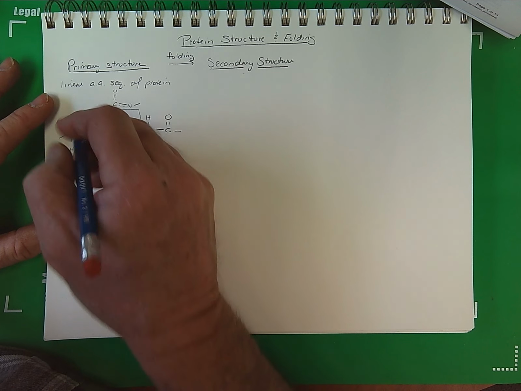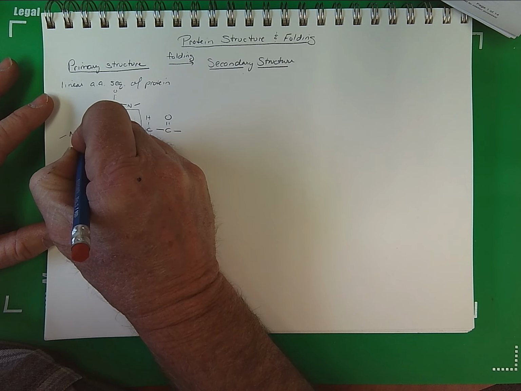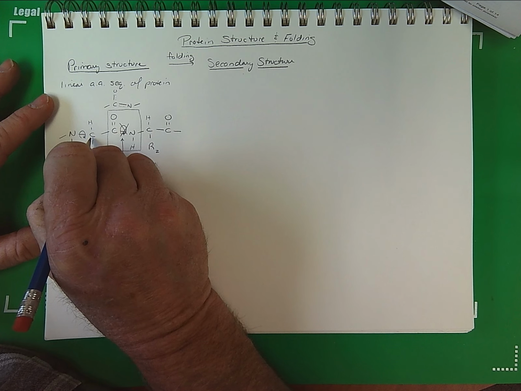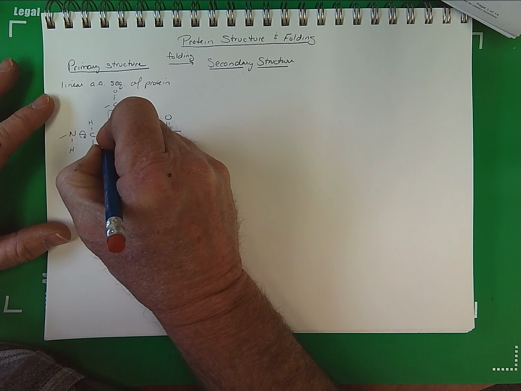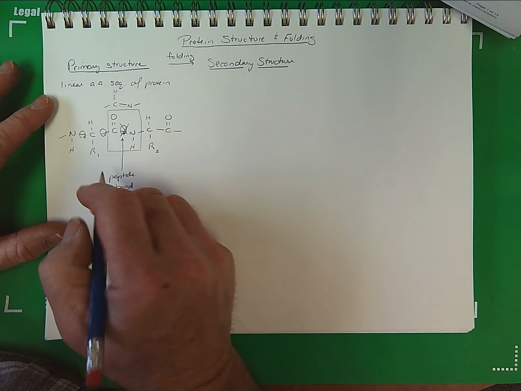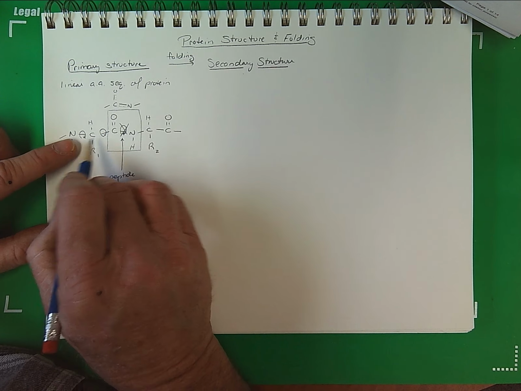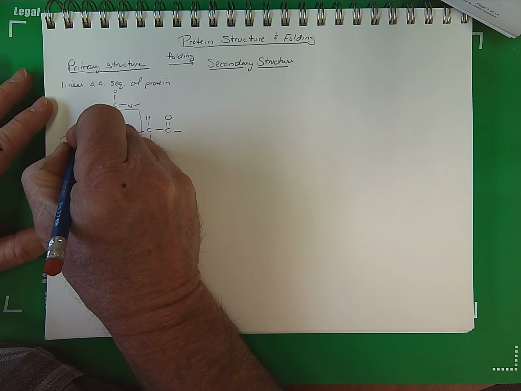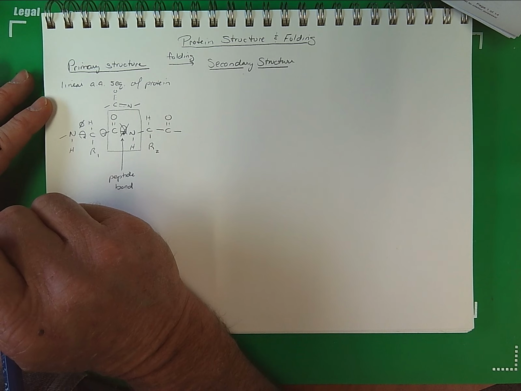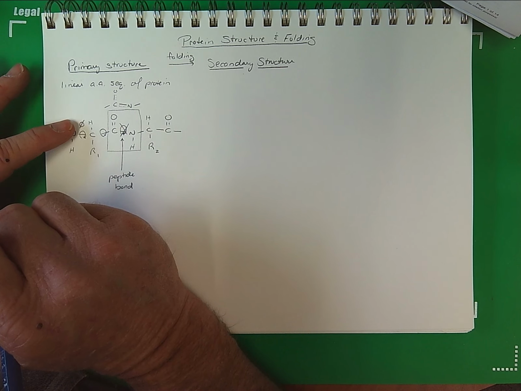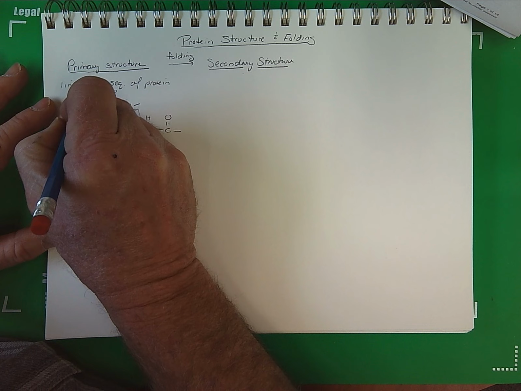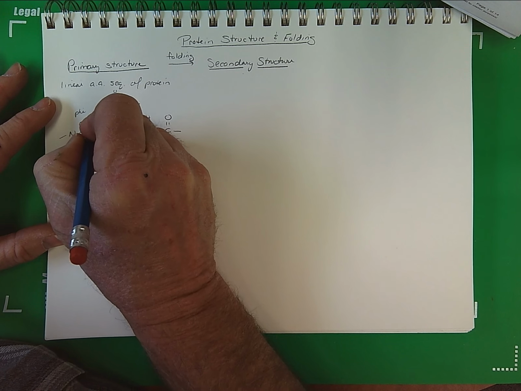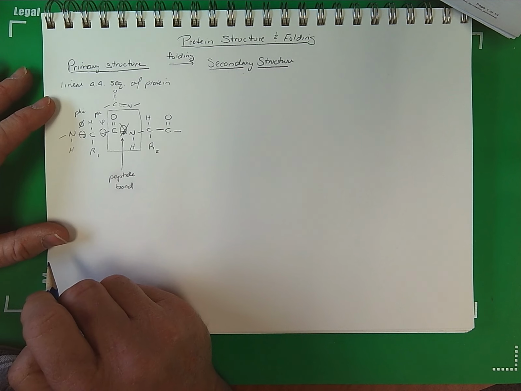What's also important is that these particular bonds around the nitrogen and alpha carbon and the carbon and carbonyl, these are free to rotate because these are single bonds. These angles can be measured, angle of rotation. This is called phi. This is called the psi angle.